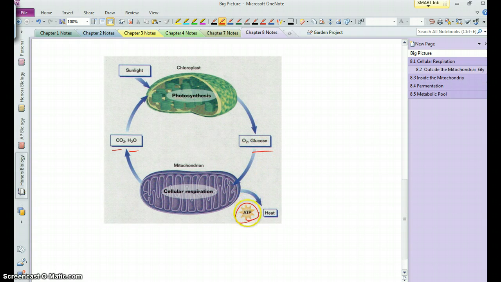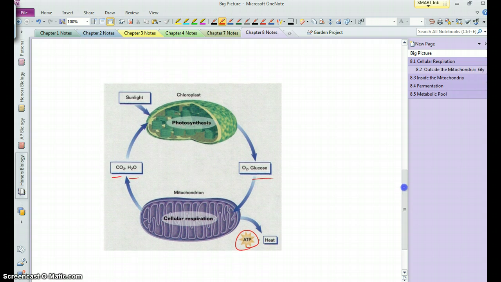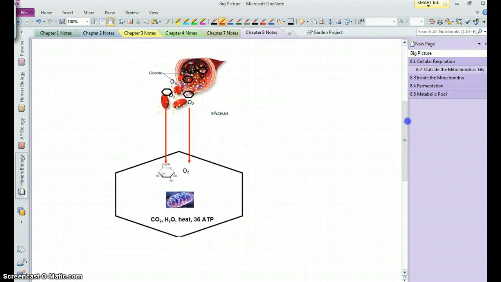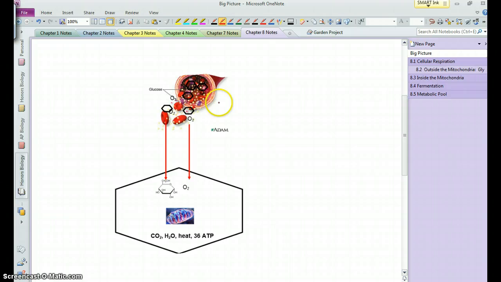Now, the purpose of doing all this is to extract energy from those foods, and we're going to use that energy to produce a bunch of ATP, which is the molecule we use in our bodies to do work of various kinds. So our circulatory system is involved with this, because it's how the food gets around our body and how the oxygen gets around our body.